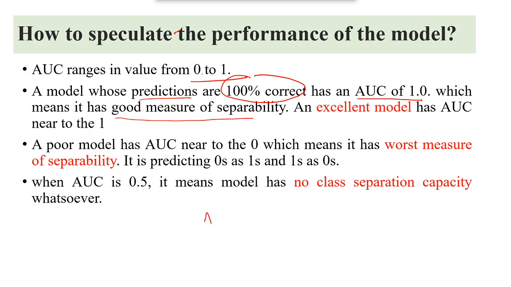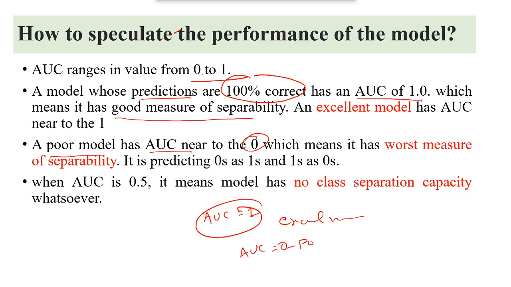So when the AUC value is equal to 1, that is the excellent model. A poor model has an AUC near 0; an AUC value of 0 is the worst model. If the AUC value is 0.5, the model has no class separation capacity whatsoever.